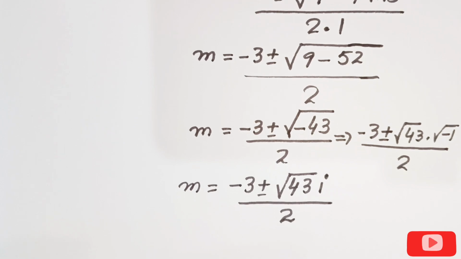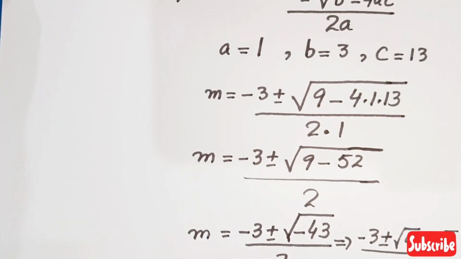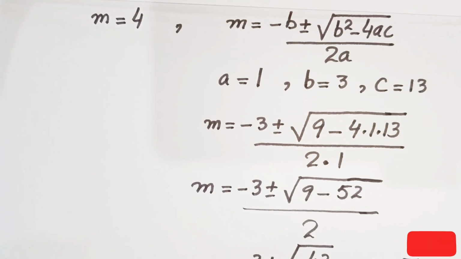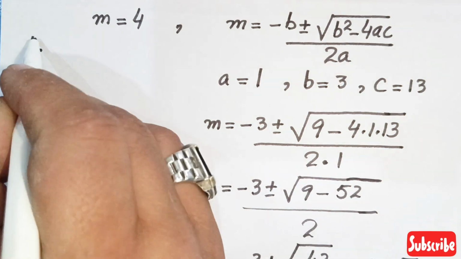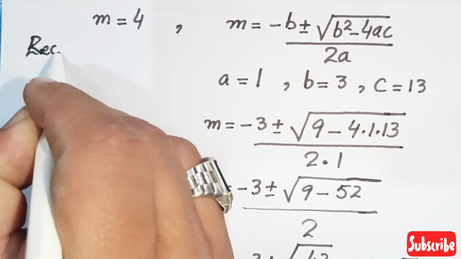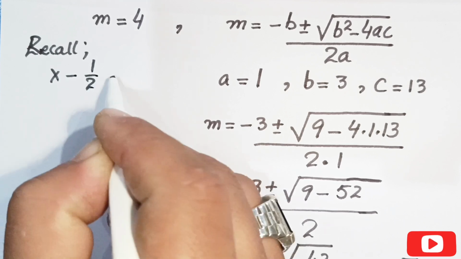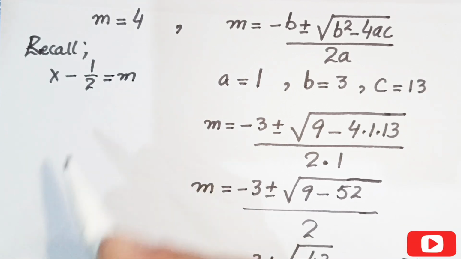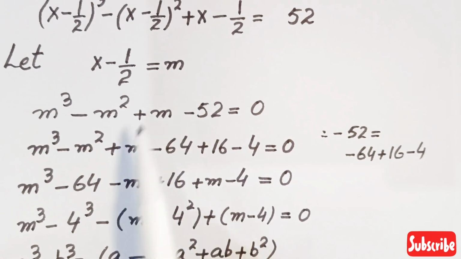Now we have to just recall our problem, and here we see that we have the first value of m, which is equal to 4. So now recalling our substitution, that x minus 1 over 2 is equal to m, as we supposed that x minus 1 over 2 is equal to m.